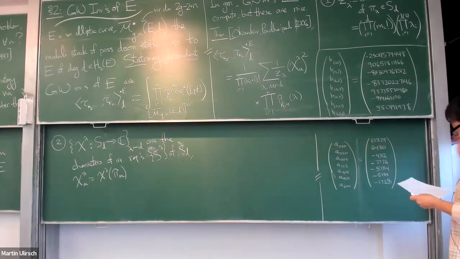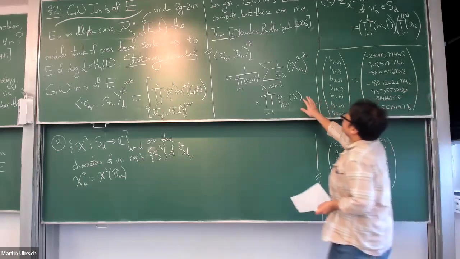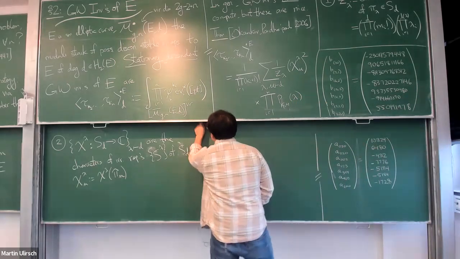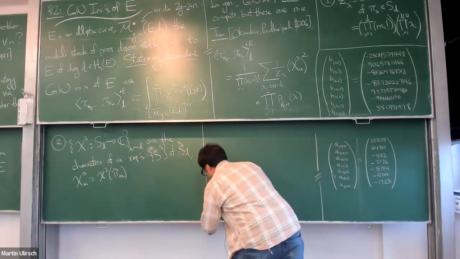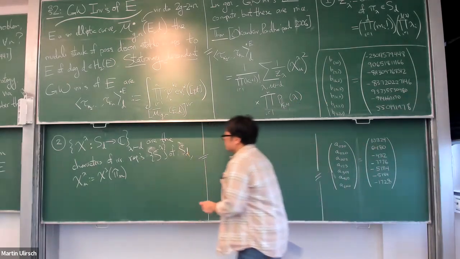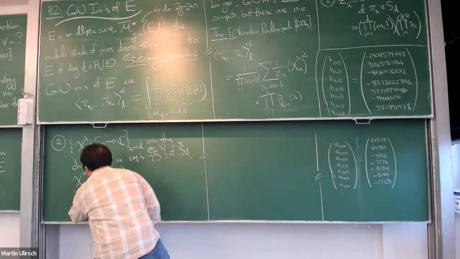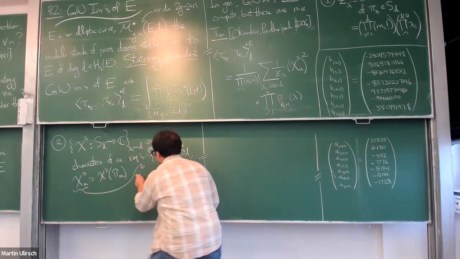Okay, good. That's the chi_lambdas. One more thing I want to stress is that even though this comes from the representation theory of S_d, these are purely combinatorial objects.